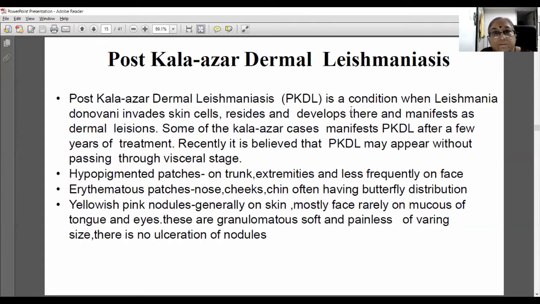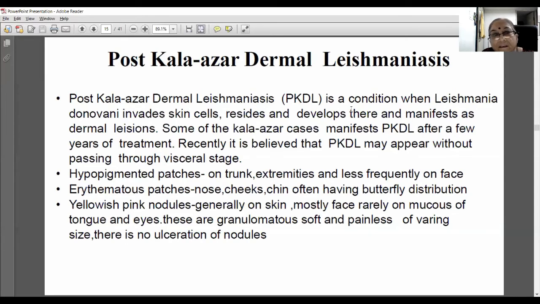In this PKDL, you will see hypopigmented patches on the trunk, extremities, and less frequently on the face.